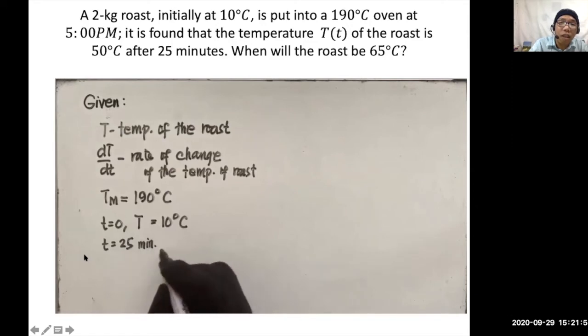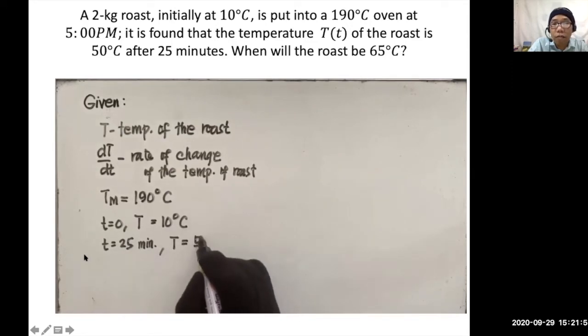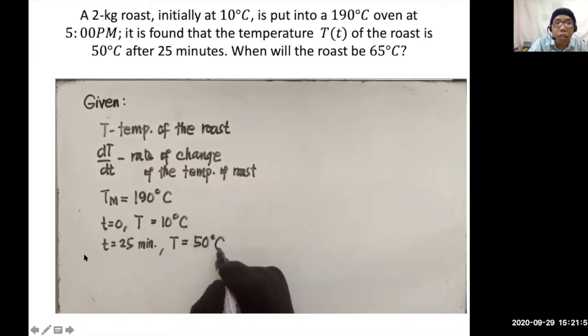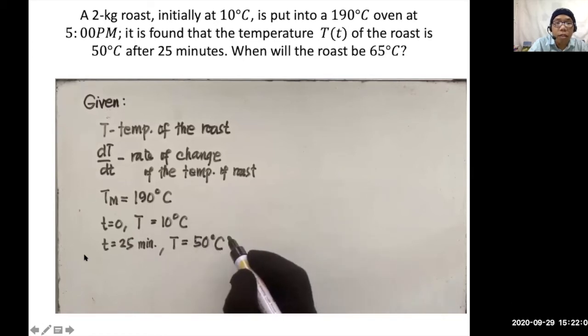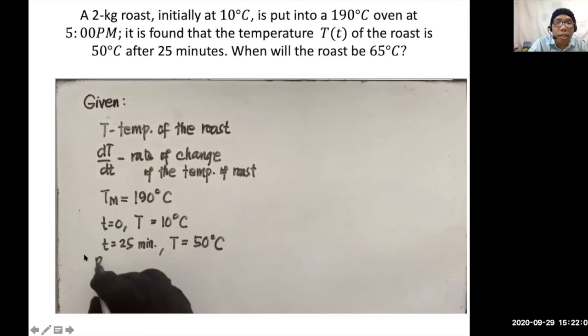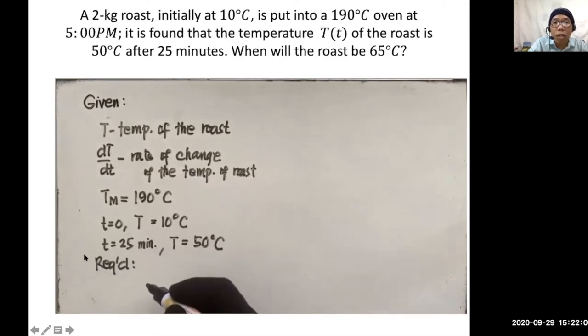And after 25 minutes, the temperature of the roast is 50 degrees Celsius. Now, the question is, when will the roast be 65 degrees Celsius? So ano yung time that the roast is 65 degrees Celsius.